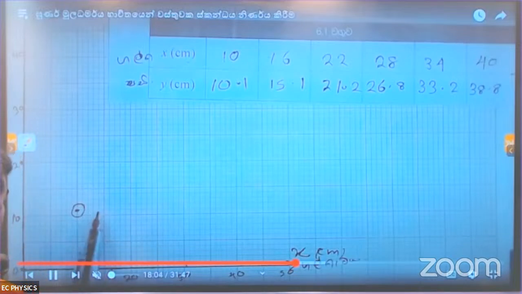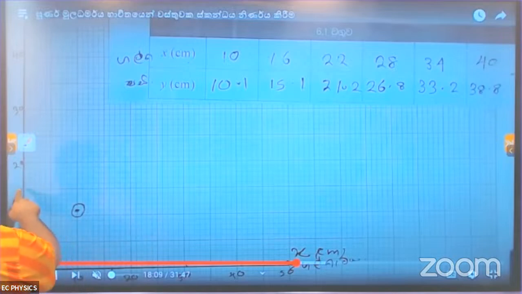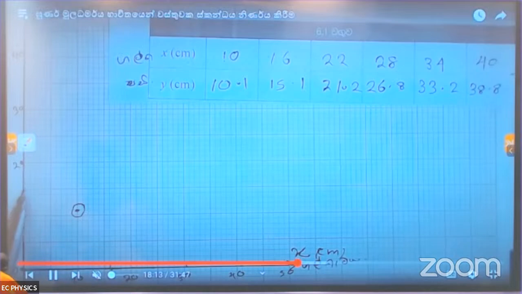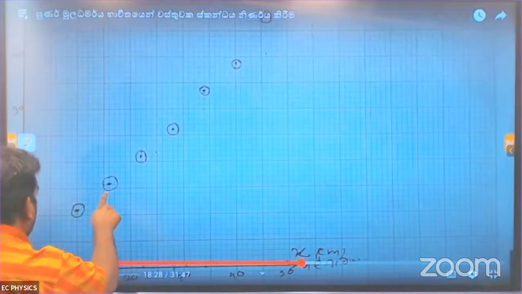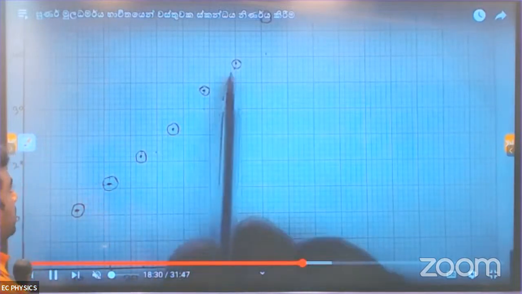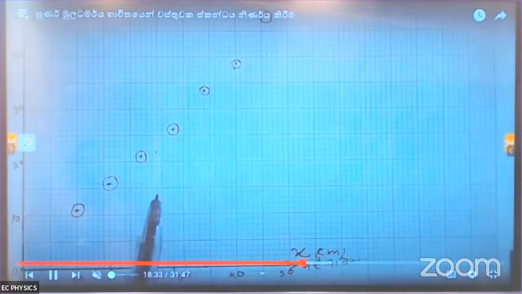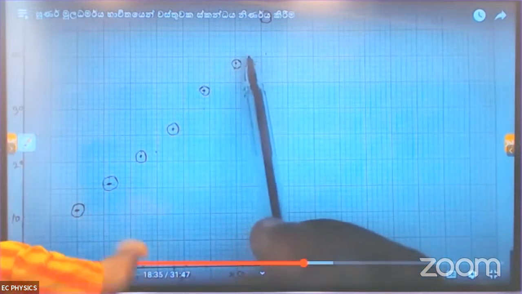So close to 15 we mark. 15 is there, no? It's okay. You all carefully mark it.